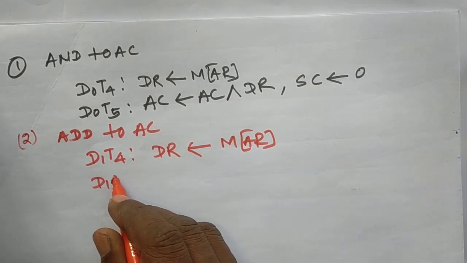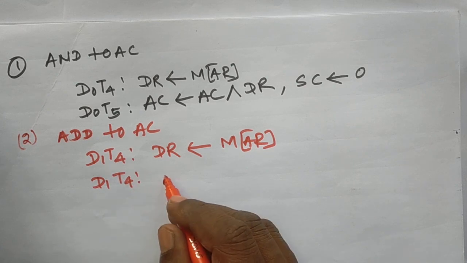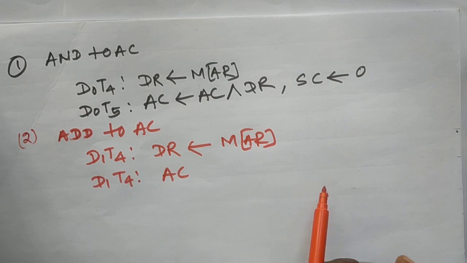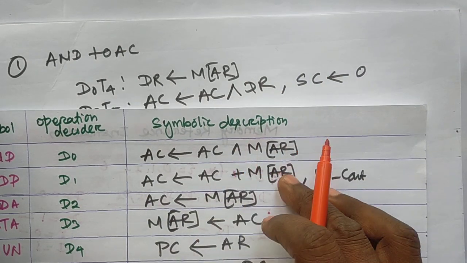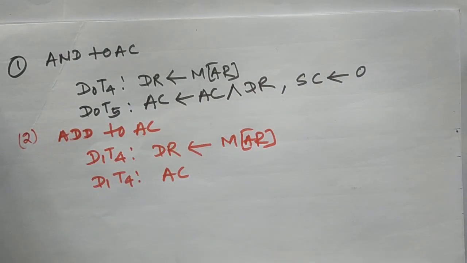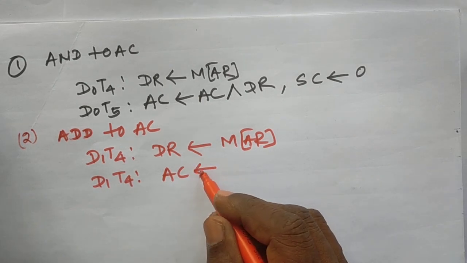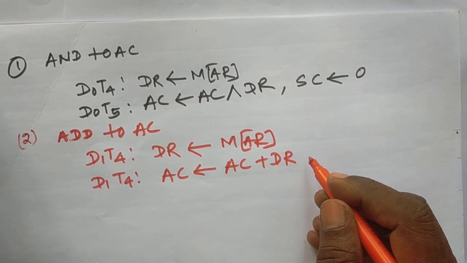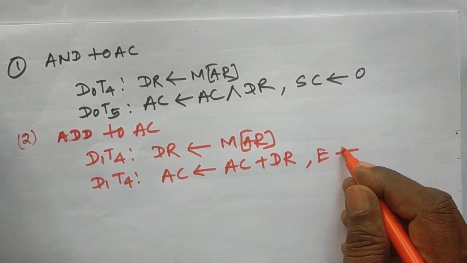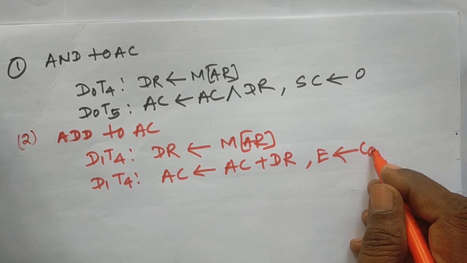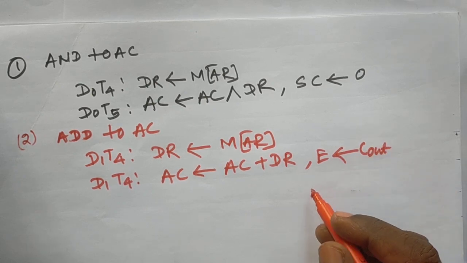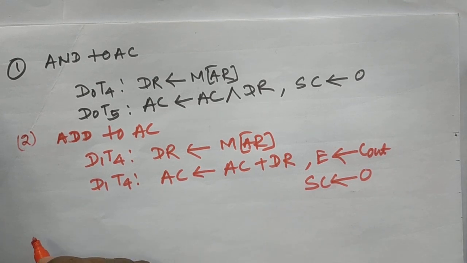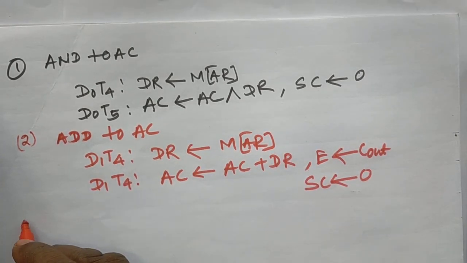Again, D1 T5: DR has already received the memory data, so AC becomes AC plus DR, and E receives the carry out. AC data is AC plus the data register, E receives the carry out data, and at that time SC is 0. This is a very simple way, we do one after another.